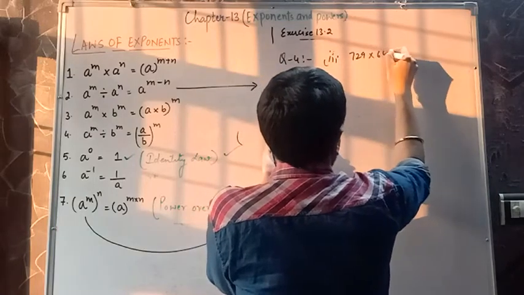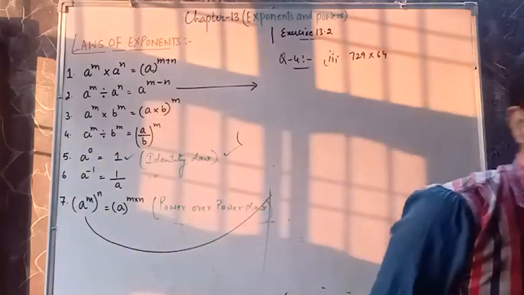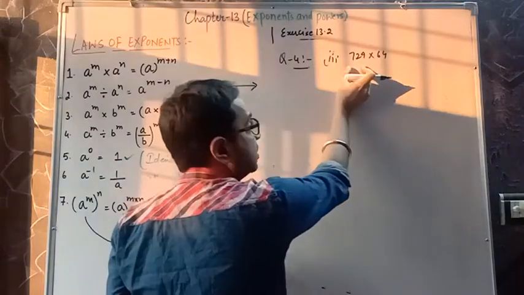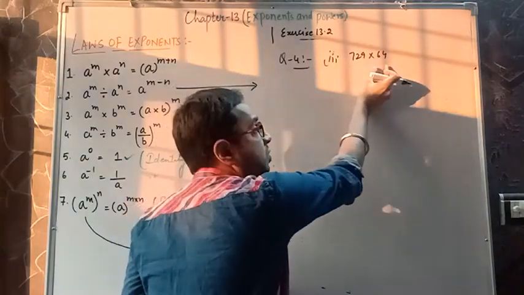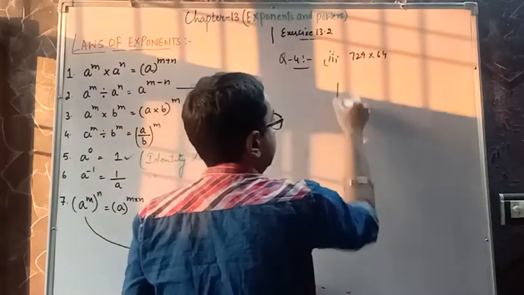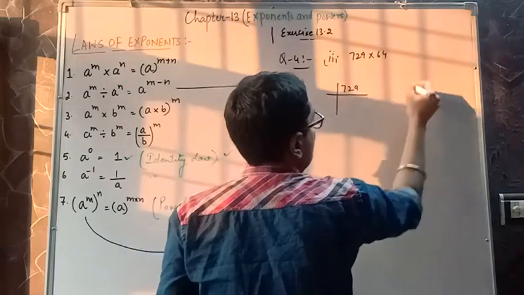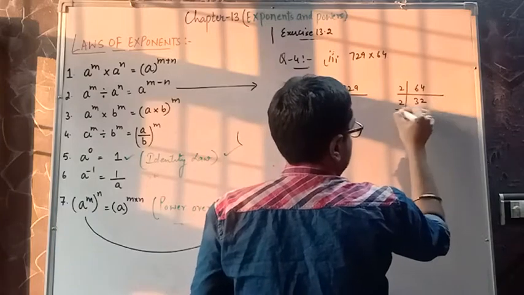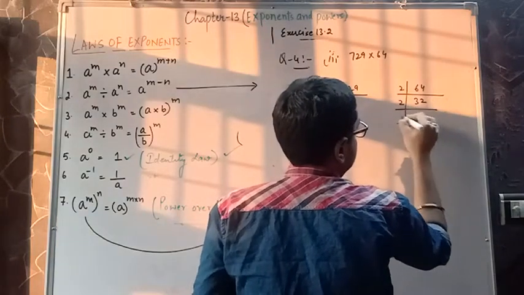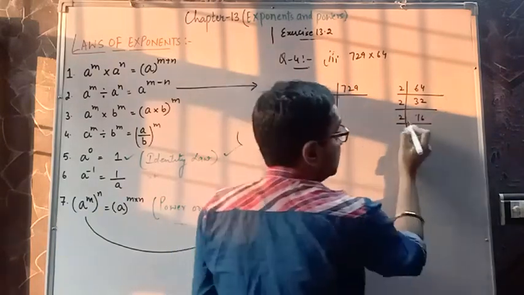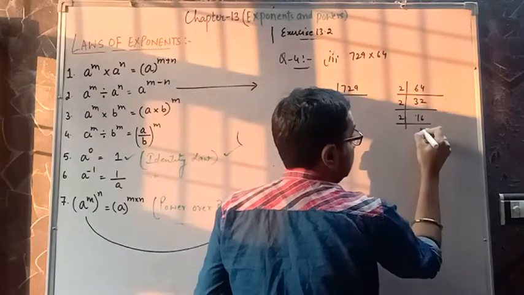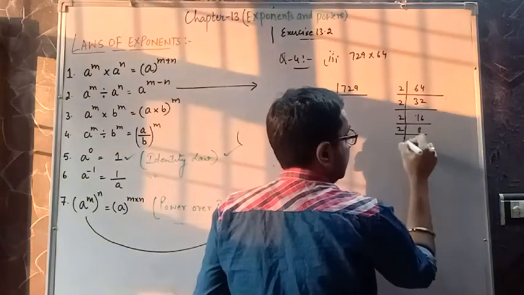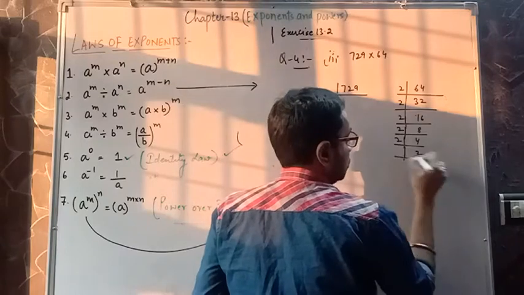729 into 64. So what we'll do is the prime factorization of this number separately, and the prime factorization of this number separately, and then we'll multiply. 729. Simultaneously everyone will be solving. Let's solve. For 64, 2 8s are 16, 2 4s are 8, 2 2s are 4, 2 1s are 2.